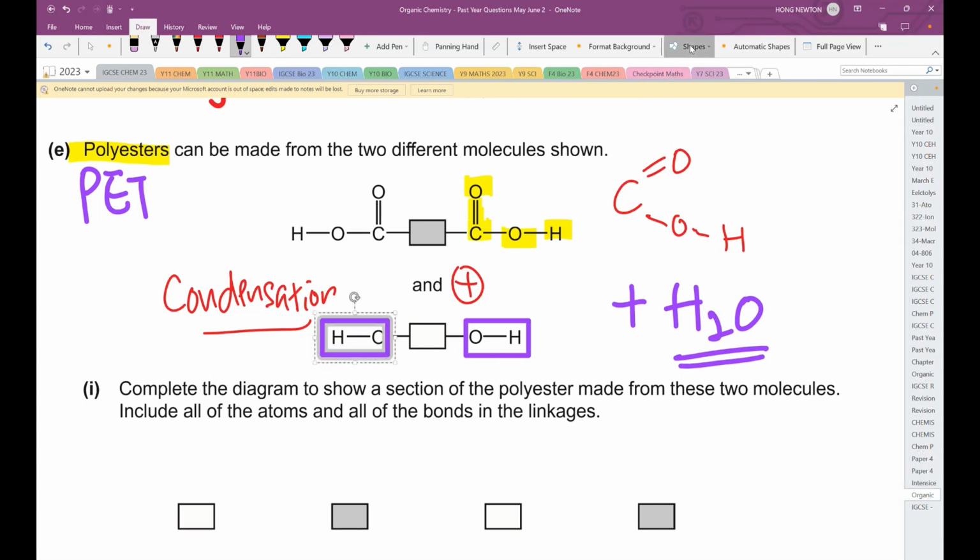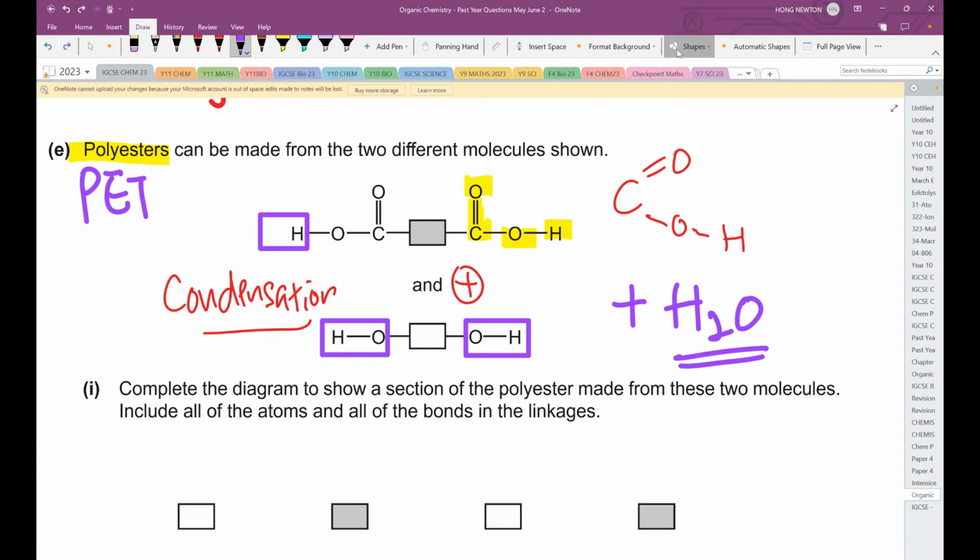And how about the other H? Another H will be cut from here. Cut here, cut here. Cut the head and the tail. The extra water we cut it.